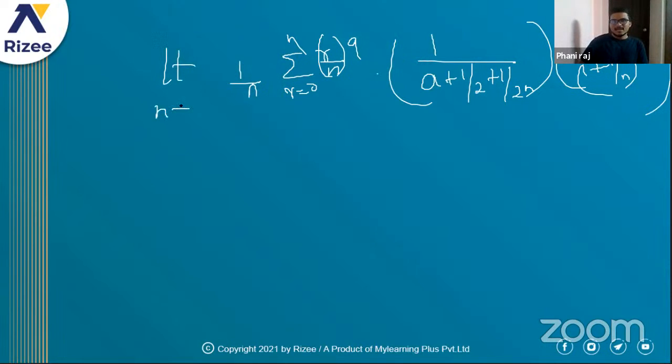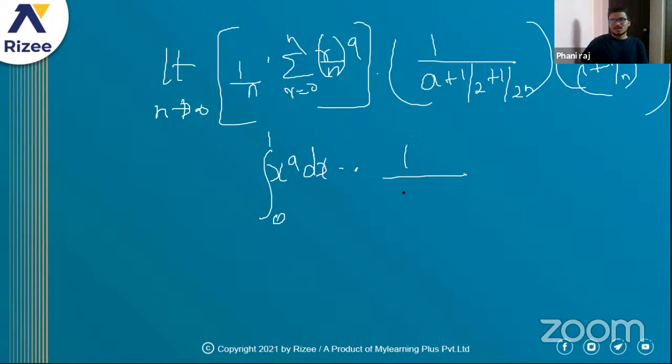Entire thing, take the limit n tends to infinity. Now this can be split into a product, but this you know is an integral sum. So this is the integral of x power a dx from 0 to 1. This is a plus half, because 1 by 2n goes to 0 as n tends to infinity. This is 1.